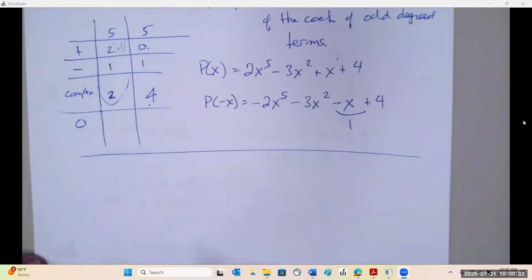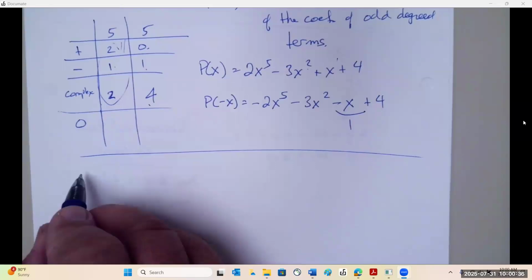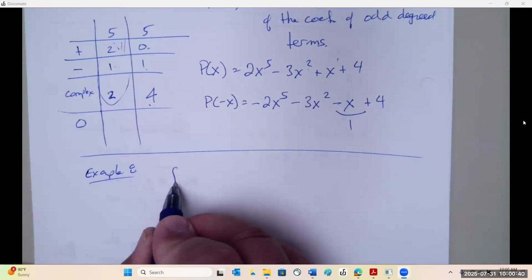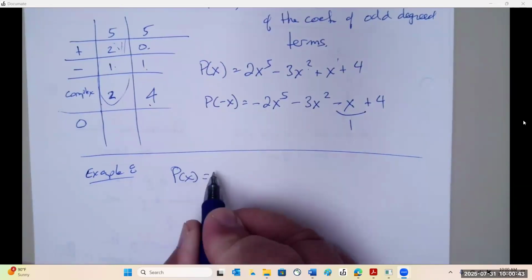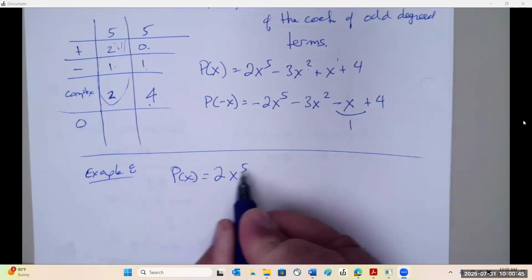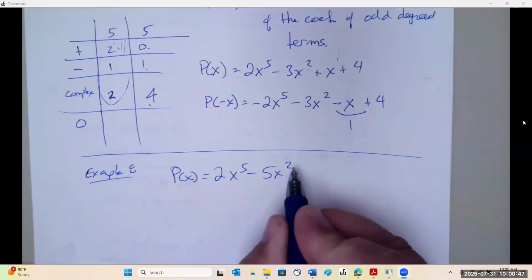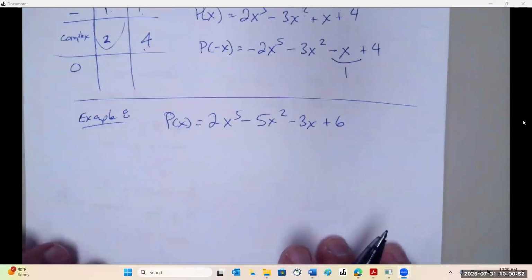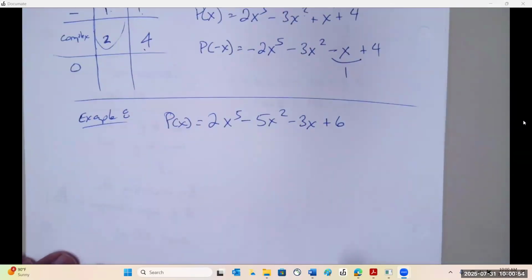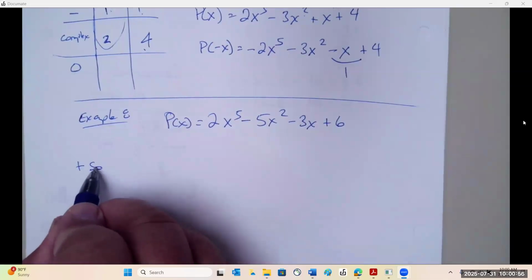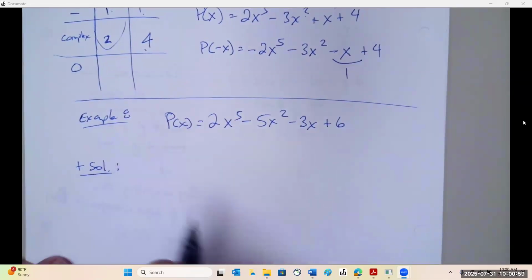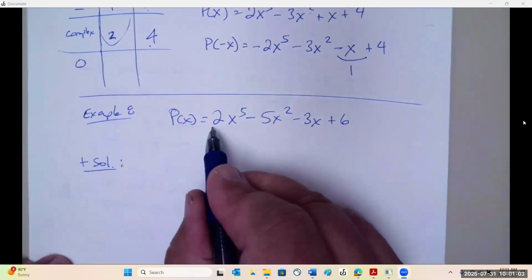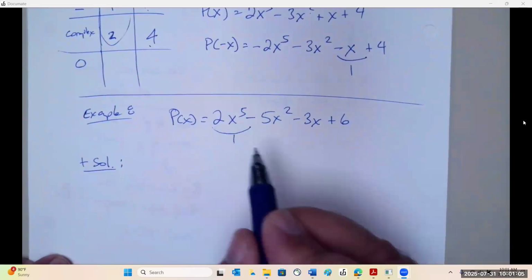All right, let's look at the next one. P of x is equal to 2x to the 5th minus 5x squared minus 3x plus 6. How many positive solutions? Well, it's positive to negative, that's one.